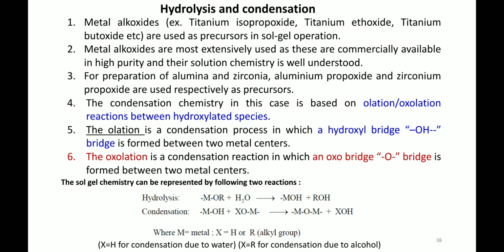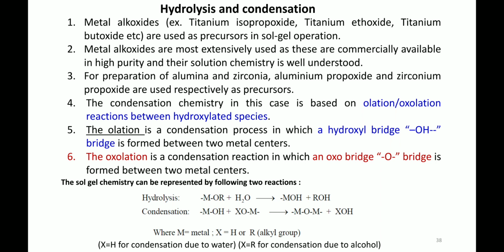So for simplicity, if we want to prepare TiO2 nanoparticles by using the Sol-Gel method, then we have to choose the initial precursor, which should be a type of metal alkoxide. If we are interested to prepare TiO2 nanoparticles, then the precursor we have to choose is from this list, that is titanium isopropoxide or titanium ethoxide or titanium butoxide. You can take any one of them.